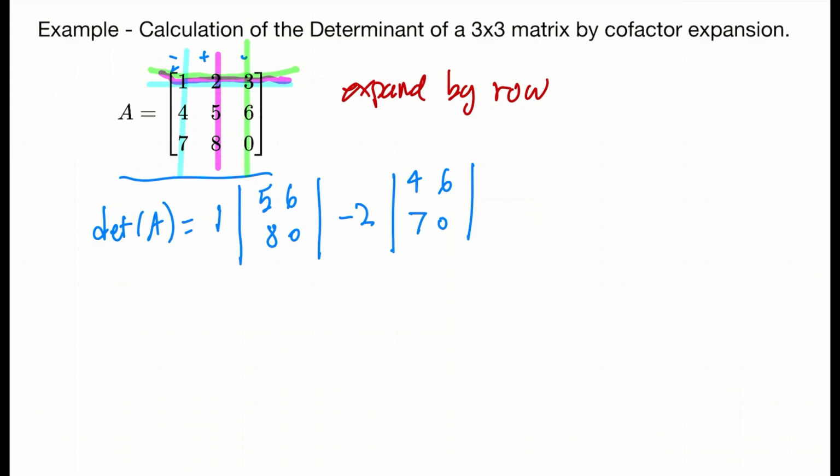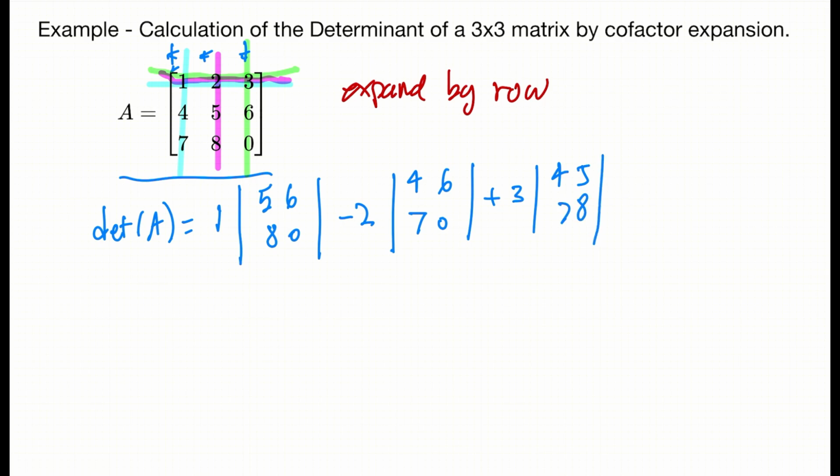The 3 is going to be a plus, since the pattern is plus, minus, plus. So it's going to be a plus 3 times, and this time we're going to block out the top row and the far right column, so we're left with 4, 5, 7, 8.